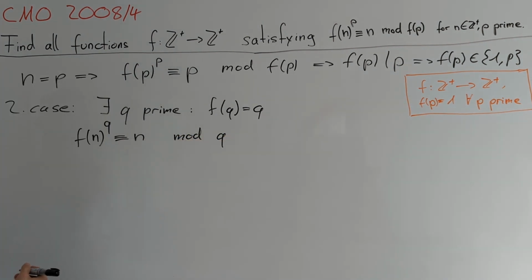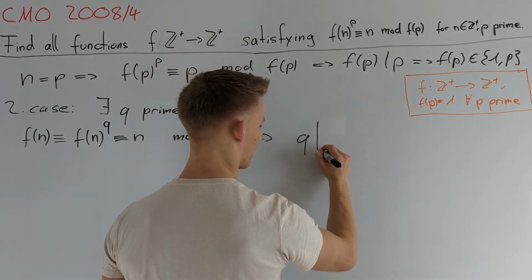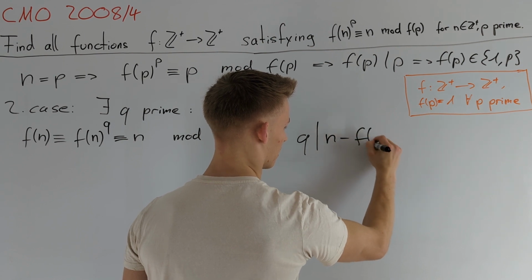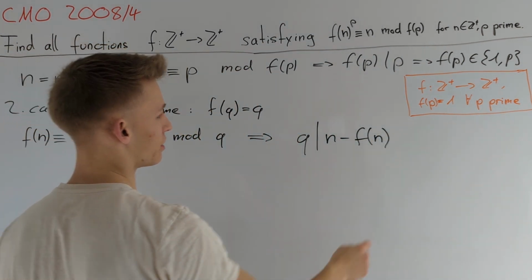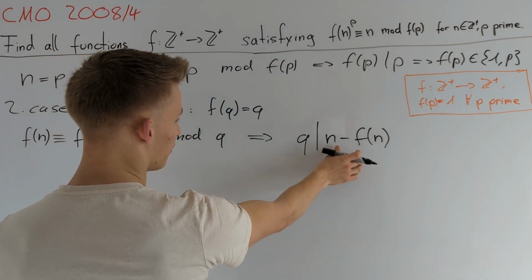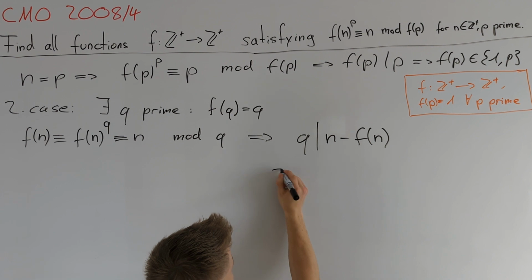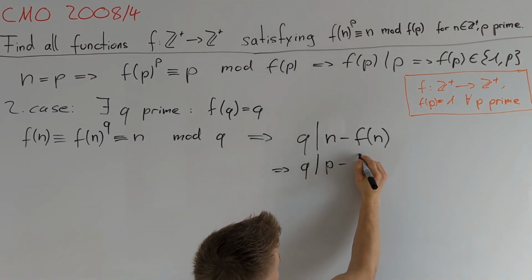Here we can now make use of Fermat's little theorem, which tells us that this is congruent to f(n). This implies that q divides n minus f(n), and now since we have some information about the values f(p), it's a good idea to plug in p for n to get that q divides p minus f(p).